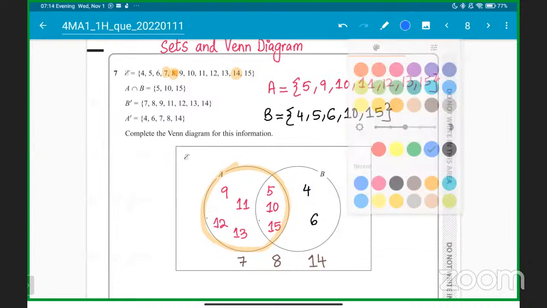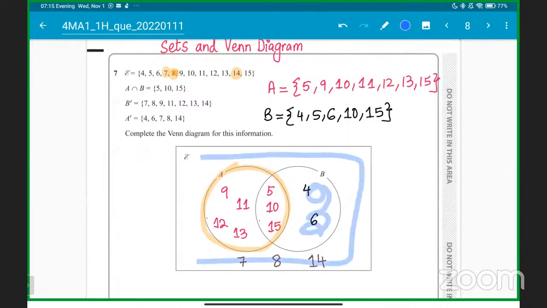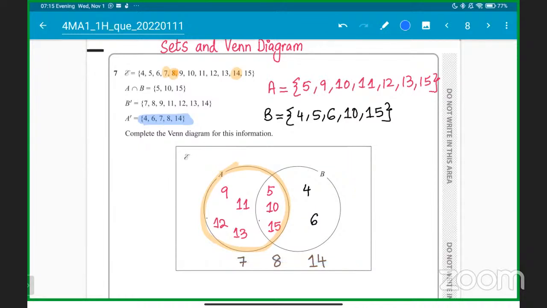A complement is everything except for A. So apart from these, whatever is there, 4, 6, 7, 8, 14, will be coming outside of A. You can see 4 and 6 are coming here, and 7, 8, and 14 are coming here. Got it? Now clear?